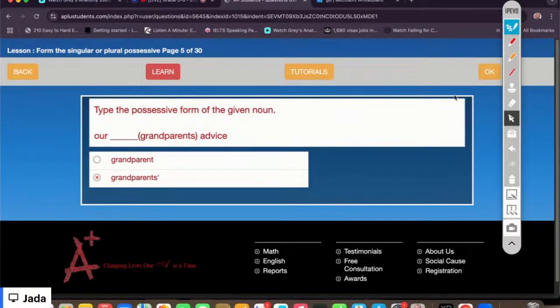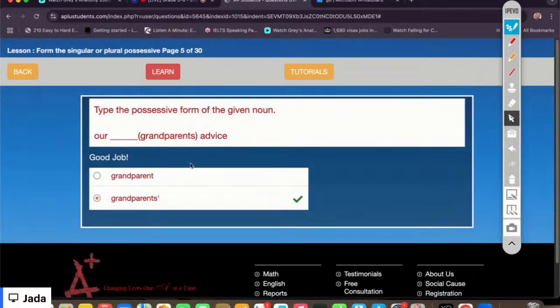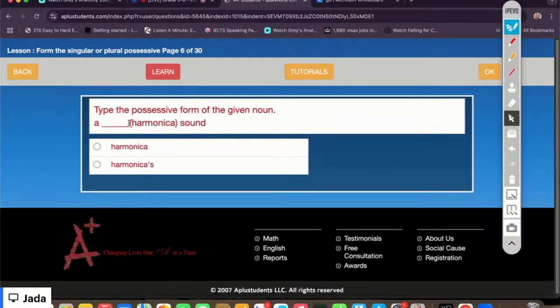All right, so we have grandparents. So a harmonica's sound, first or the second one.